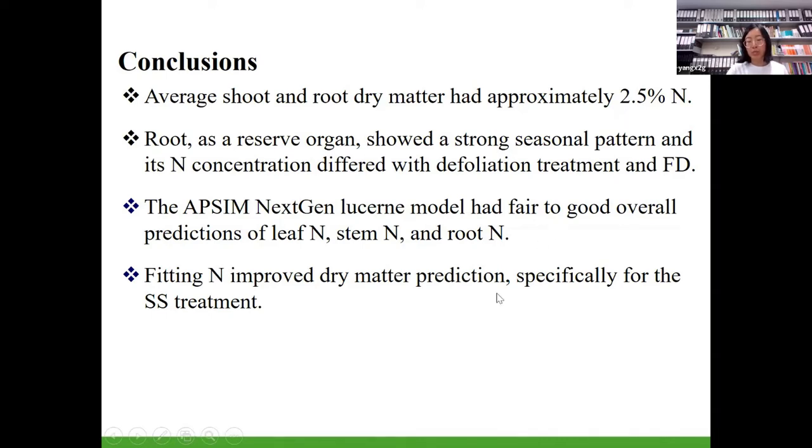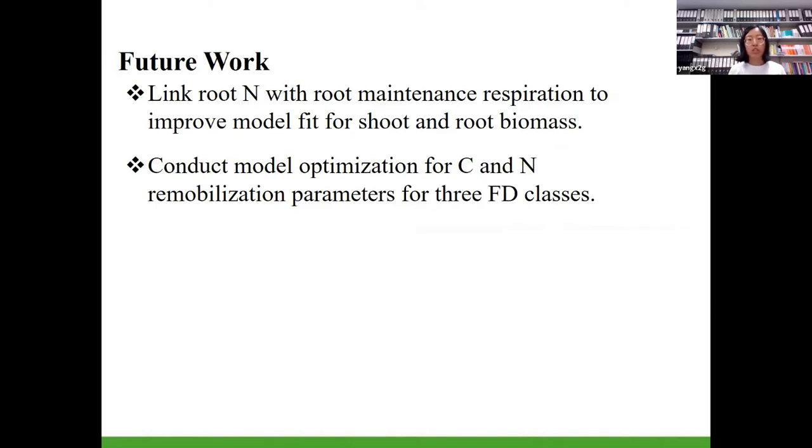Fitting nitrogen improved dry matter prediction, especially under the 28 days defoliation treatment. So our future work: if you remember from yesterday's talk, we said root maintenance respiration was mainly because of remobilized nitrogen. Therefore, root respires more in spring and also in the early regrowth cycle.